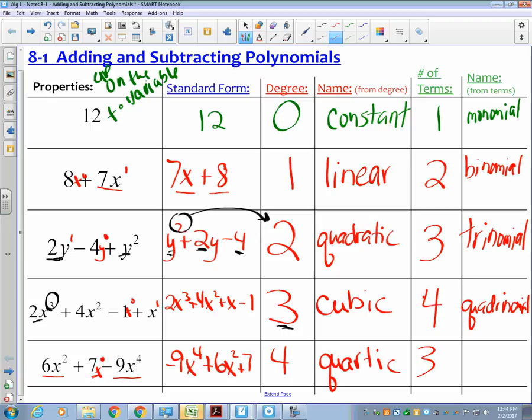We've already done this one, so it gets to be called a trinomial. I wanted you to see if you didn't have a 4, 3, 2, or 1, how you would order a trinomial with a different kind of exponent.